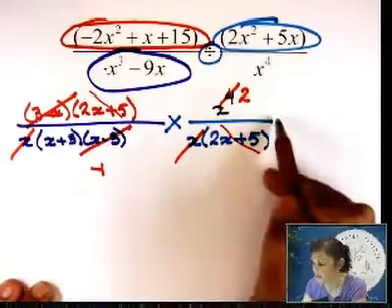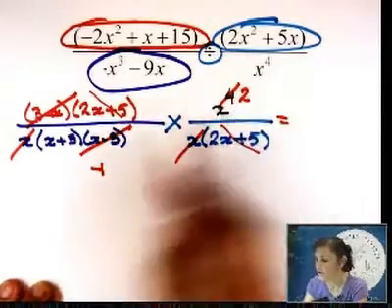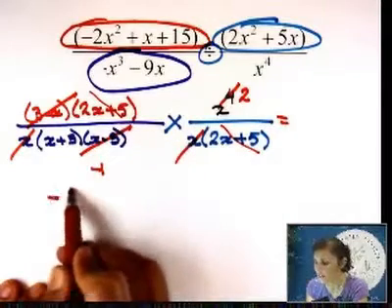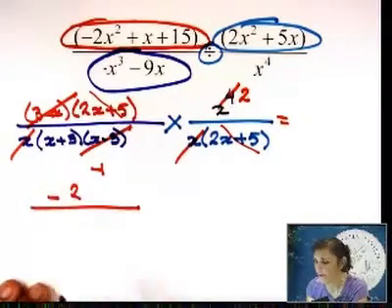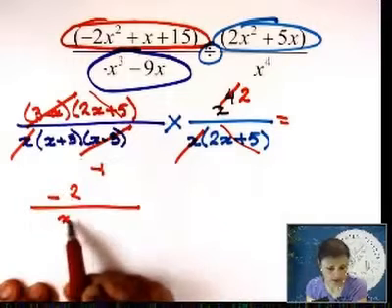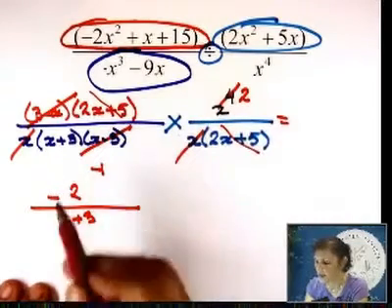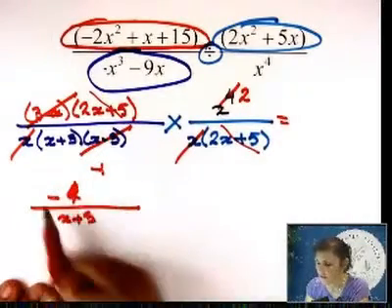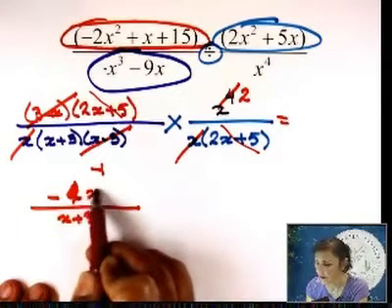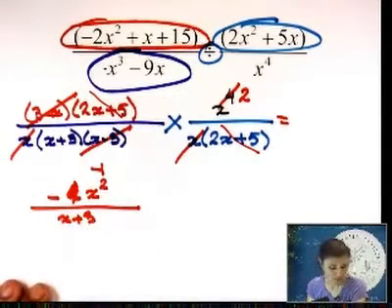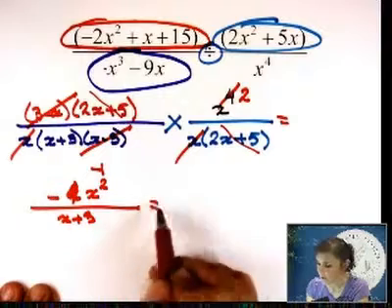And what do I have left at the end? I have a 2 and a negative, so you can write a negative 2. And what else do you have? An x plus 3. And then, oh, it's not a negative 2. That's x squared, sorry. This one is negative x squared over x plus 3. Let me write this pretty.